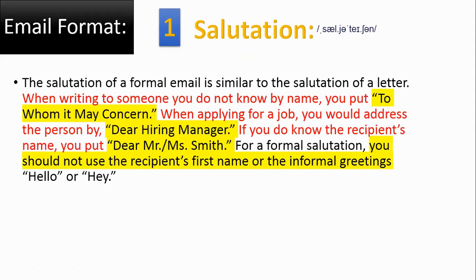If you do know the recipient's name, you put Dear Mr. or Dear Ms. Smith. For a formal salutation, you should not use the recipient's first name. This is not polite. Or the informal greetings like, hey, what's up? Hi, how you doing? This is all informal.